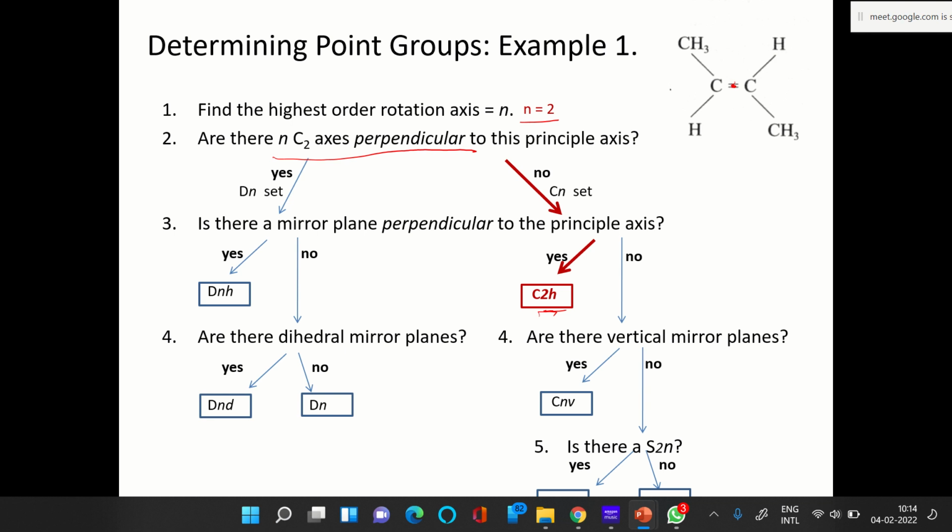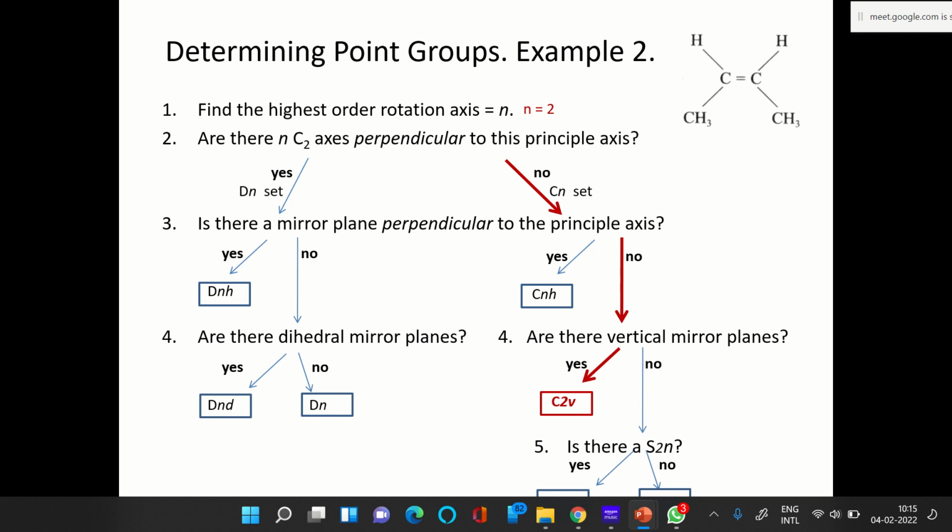So C2h. If you are able to see this, next go to the next. This is a cis configuration. Now if you try to see, n is 2, you can see that you have a C2 axis.